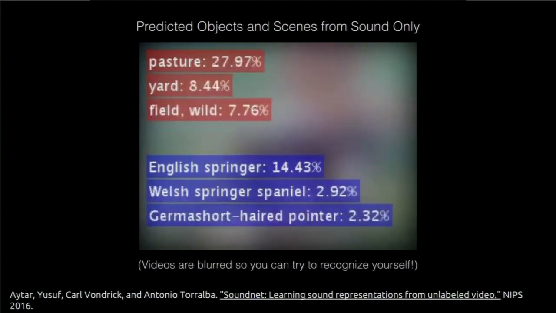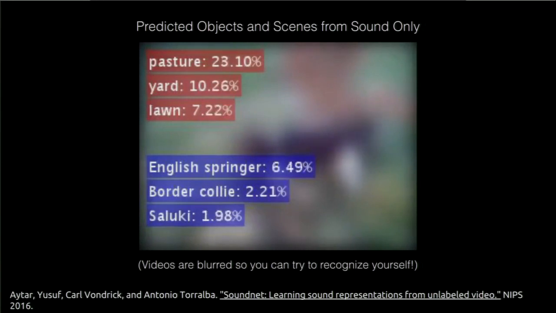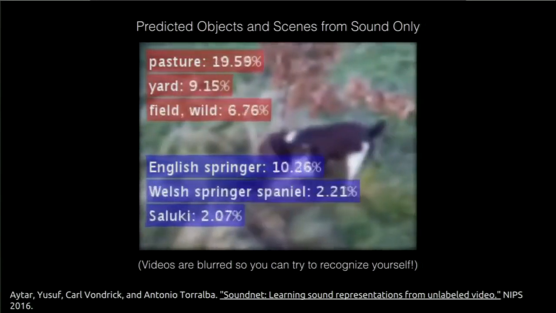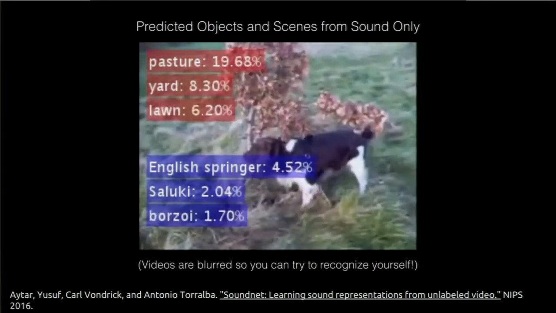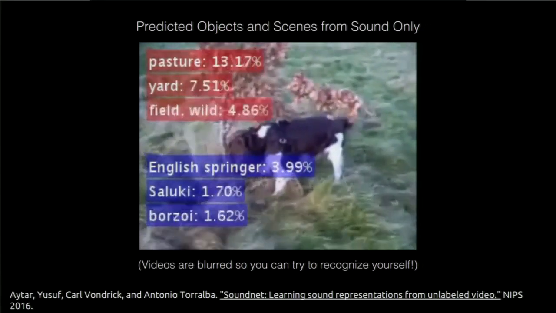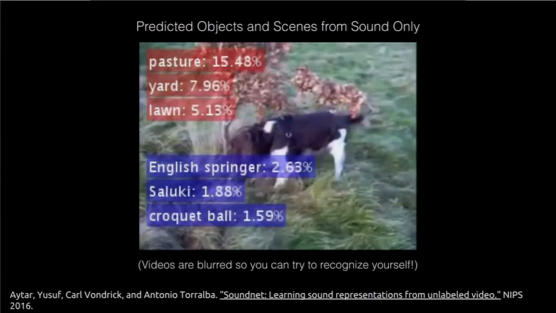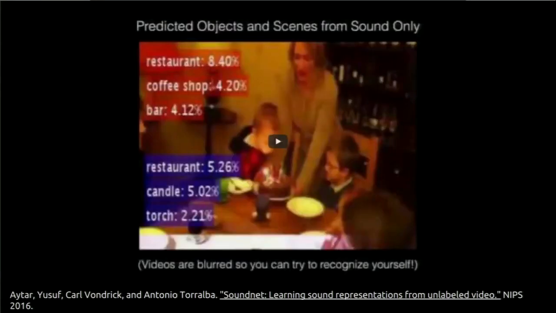Here you see the prediction only based on audio. These are predictions from SoundNet, from the lower network. The lower network doesn't see any video frame, right? On top you have Places predictions, or maybe the opposite way, but I don't remember.